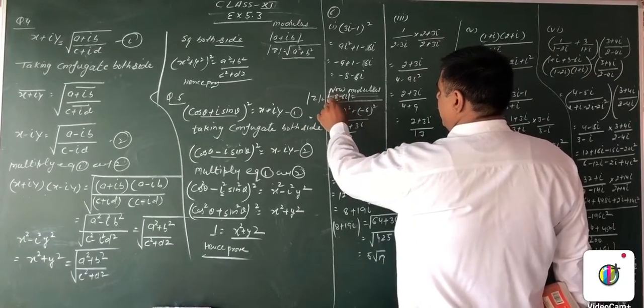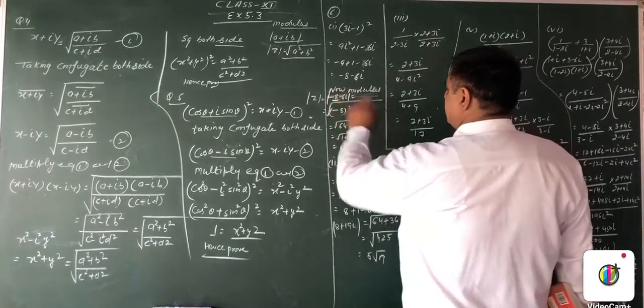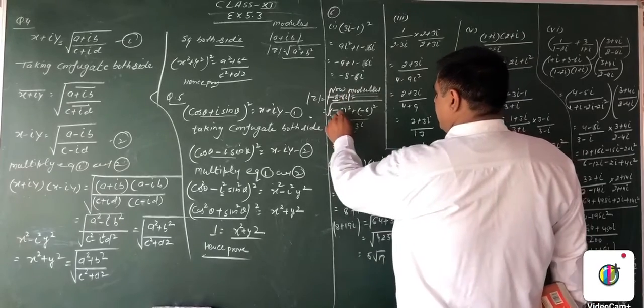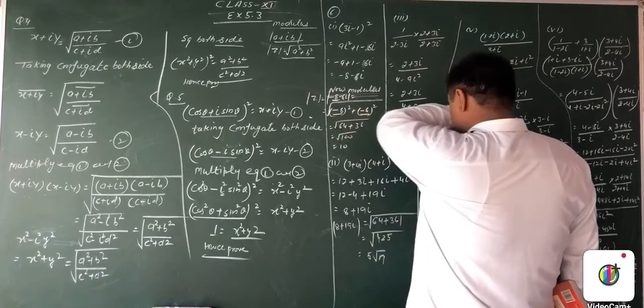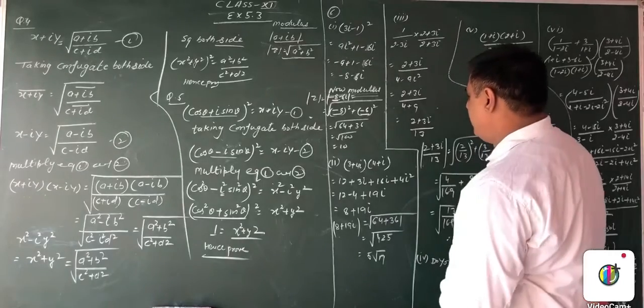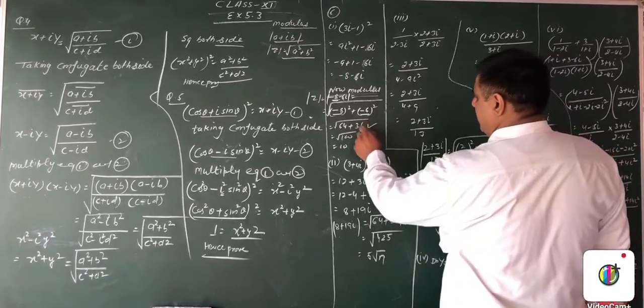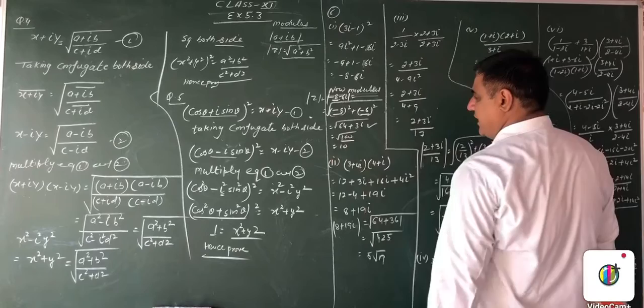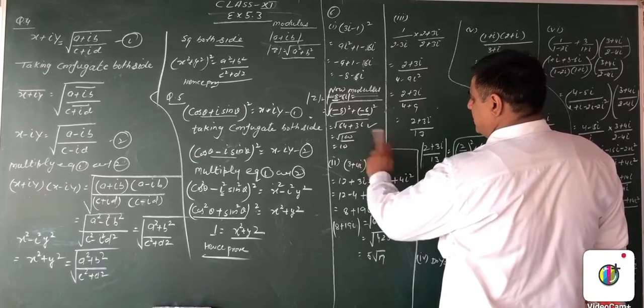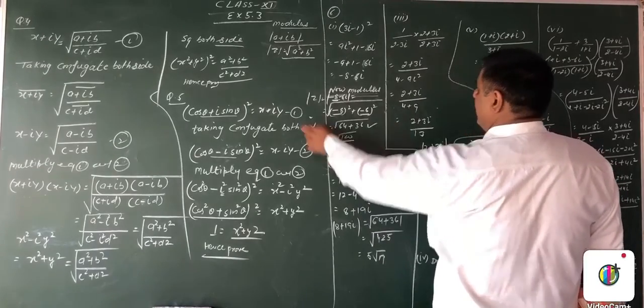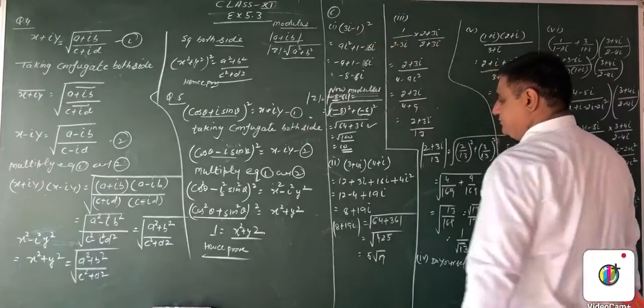Here the real part is minus 8, imaginary part is minus 6. So we get (minus 8) whole square plus (minus 6) whole square. 8 square is 64, 6 square is 36. We add both of these, we get 100. Now the square root of 100 is 10. So this is the modulus of this function.